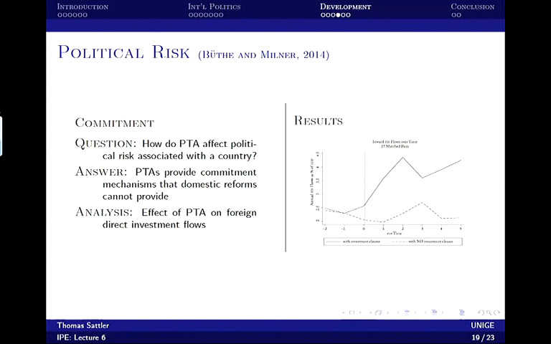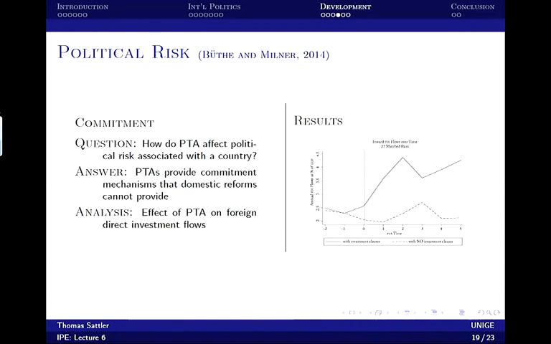And they split these flows into 2 groups. The solid line are those who in time 0 sign a preferential trade agreement with investment clauses. And the dashed line is those countries that sign in time 0 a preferential trade agreement without an investment clause.